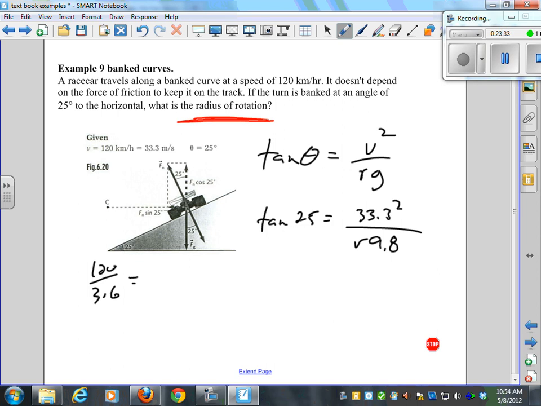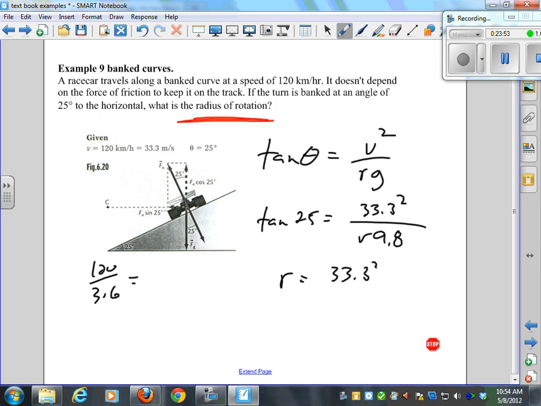So how do you get r out of there? Well, this is a divide by r. When the r goes up to the other side, it becomes a multiply. So can I take the tan 25 and the r and just switch them? That's what I did.